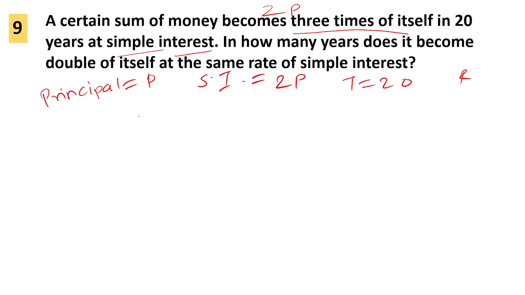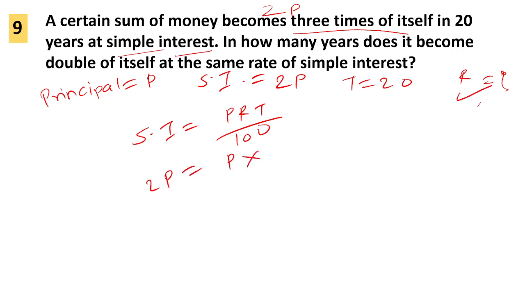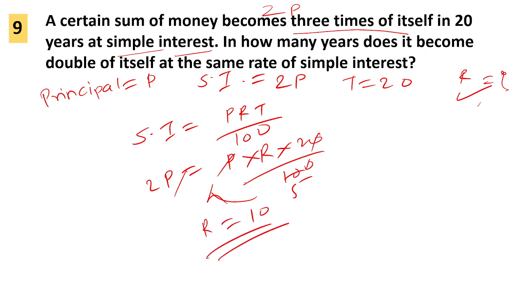They are providing P, SI and T, three terms are here, so you can easily find R. So simple interest equal to PRT by 100. SI is 2P, P is P, we have to find R, T is 20, by 100 this becomes 5, P and P get cancelled, 5 comes here, so R becomes 10. Okay, we got the R now.